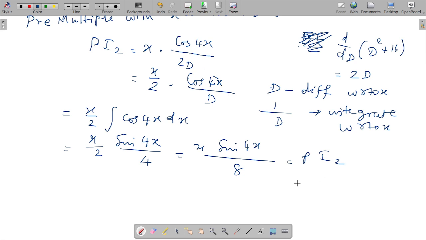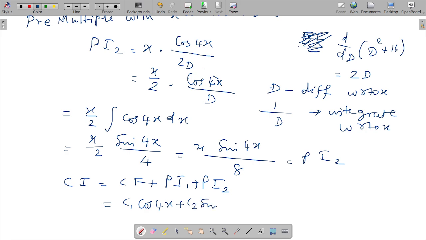Finally, we have to write that the complete integral equals the complementary function, as I have written, plus particular integral 1 plus particular integral 2. So the complementary function is C1 cos 4x plus C2 sin 4x. Particular integral 1 is, what is the particular integral 1?